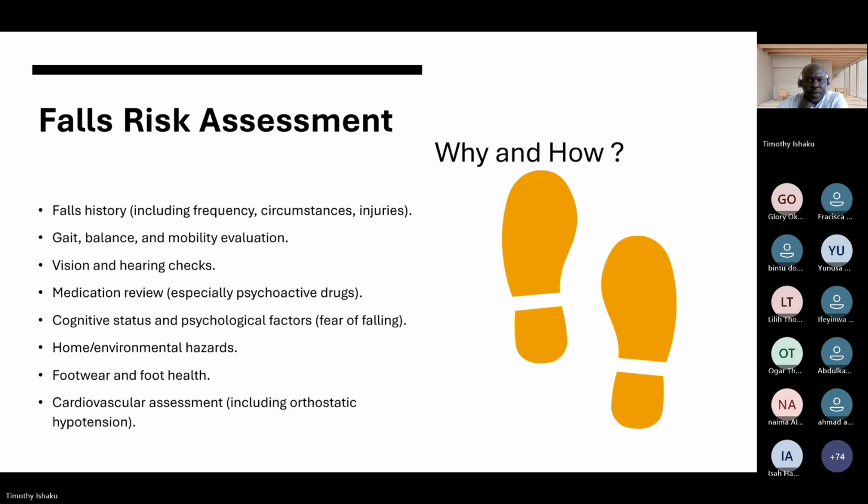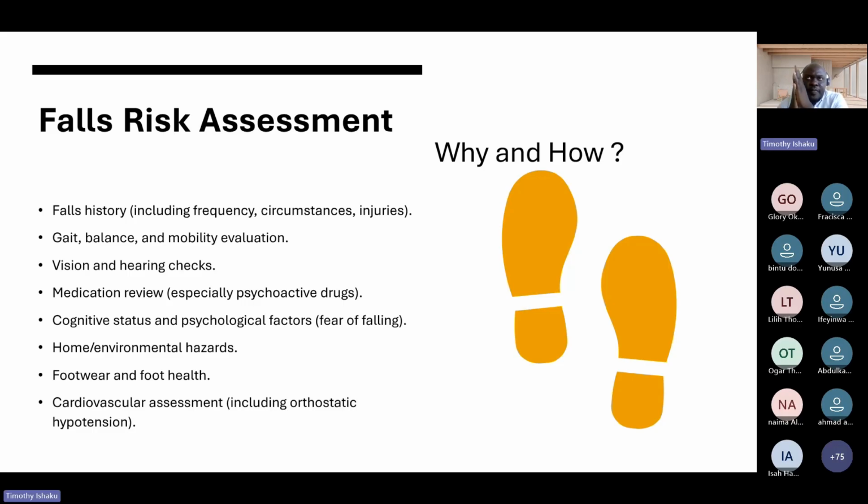So, a question I put is why and how. Why are we doing this? And then how are we going to do it? So the first one is fall history. Remember we talked about falls and fall history.